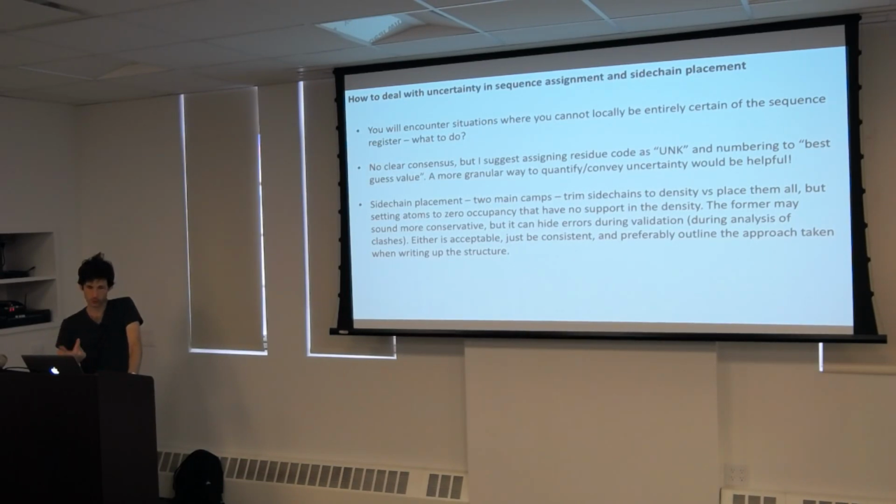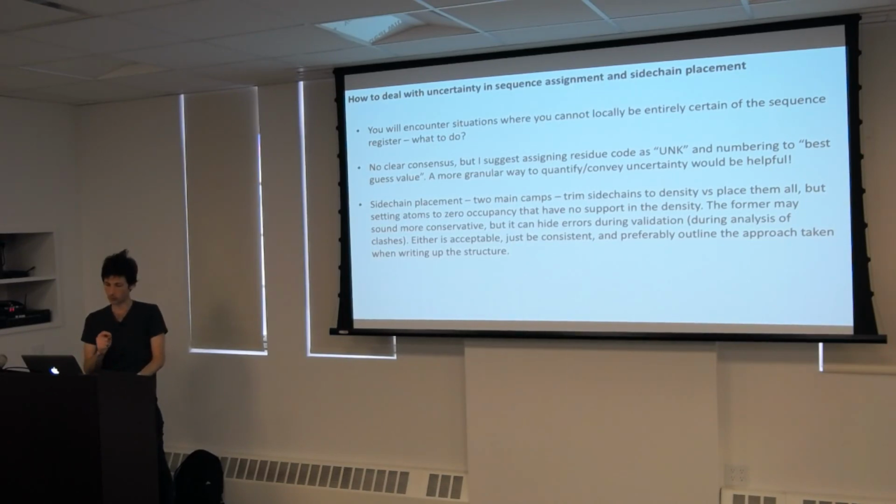The argument for trimming the sidechains back is you don't want to give people the idea that you know residue number 59 is in rotamer X when you don't know that. The argument for putting all the sidechains in is that it provides quite a strong constraint on the geometric validation of your model.